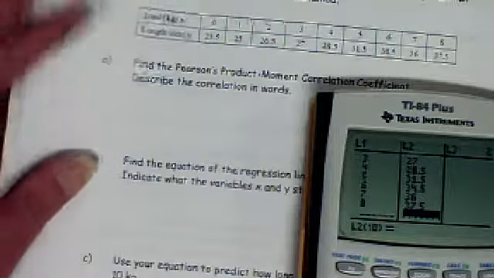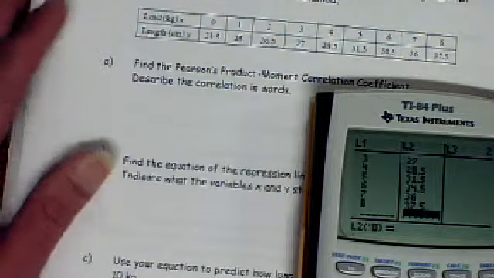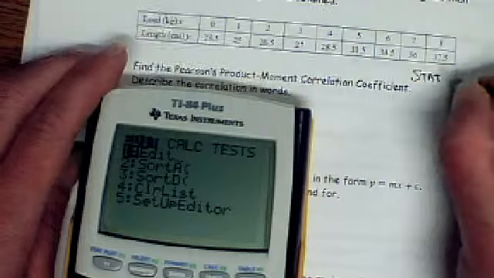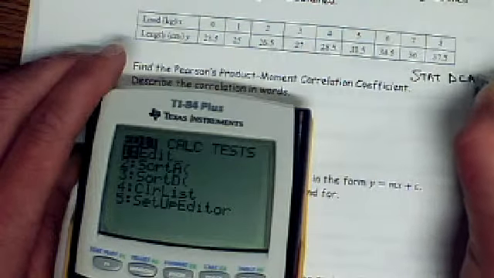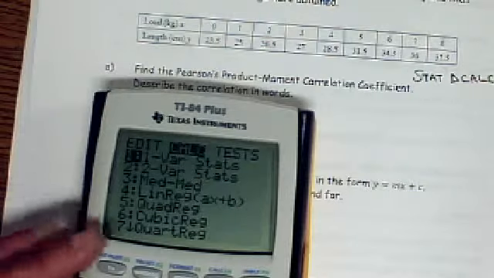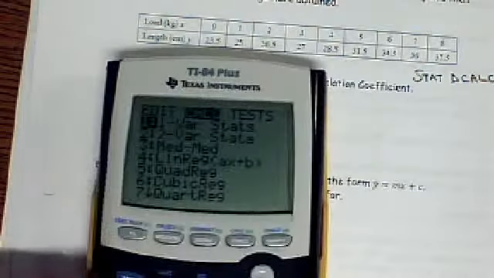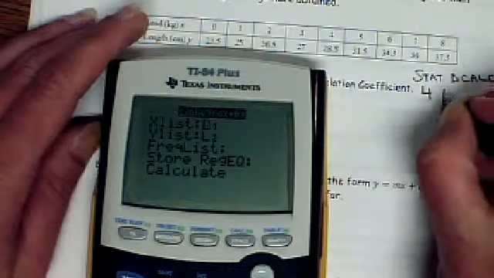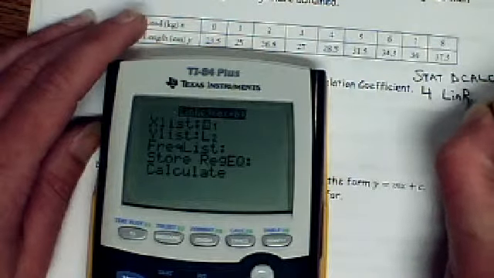So the way we're going to find this is we're going to go to stat again. So let's write it down. We're going to go to stat. Then we're going to arrow over to calc. And we're actually going to do a linear regression. What that's doing is finding that line of best fit for us. So it's LinReg.